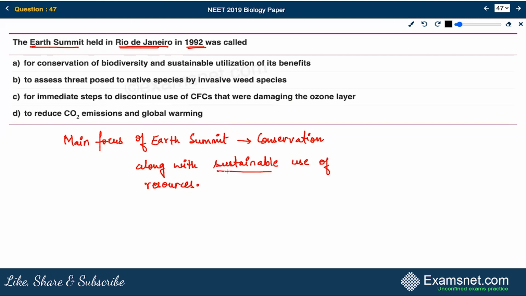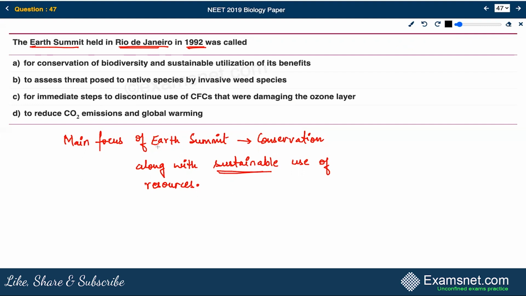Sustainable use means that the resources should be used in a careful way. We know that in nature the resources are limited. So those resources like water or forest or soil or land, all those limited resources, should be used in a manner that they can be utilized by the present generation and also preserved for the future generation as well.